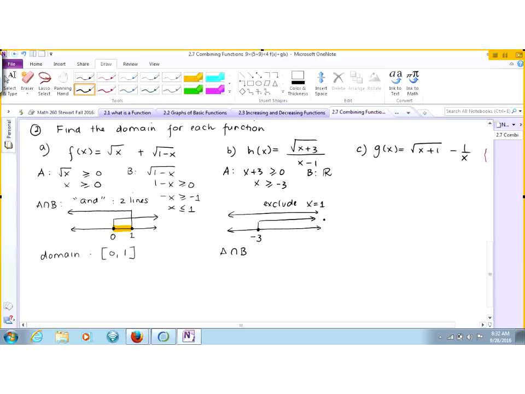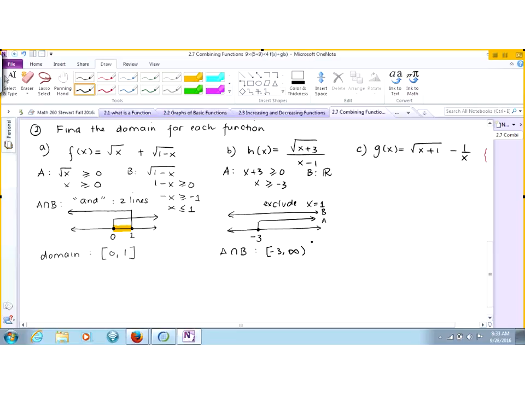This is your A. This is your B. What is the intersection? Which one is the intersection? Oh, not yet. And then I have to exclude the denominator when the denominator equals 0. Yes. So here, negative 3 to infinity.